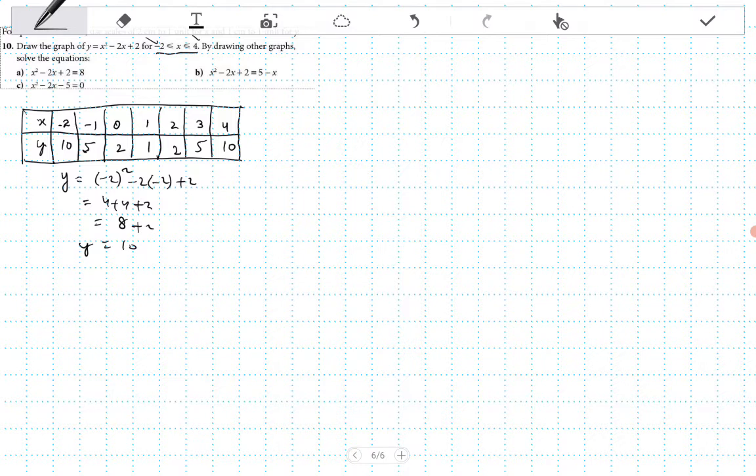This is how you have to complete a table of results first of all, and then you can plot all these points on graph grid. And how you can plot it?